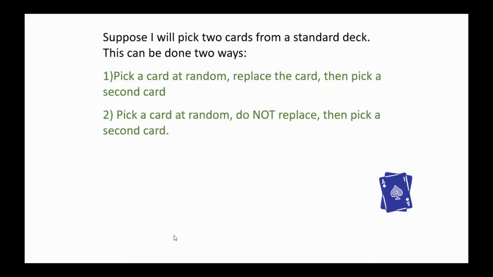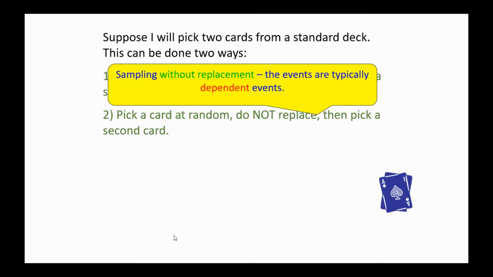Now let's say we pick a card at random and do not put it back in the deck before we draw our second one. These would be dependent because we did not place it back in there. Once it's out, it's out.